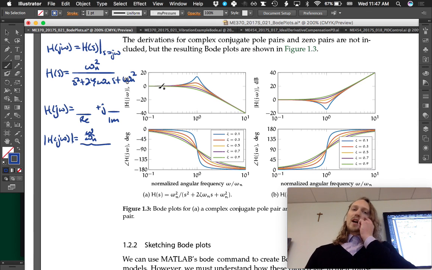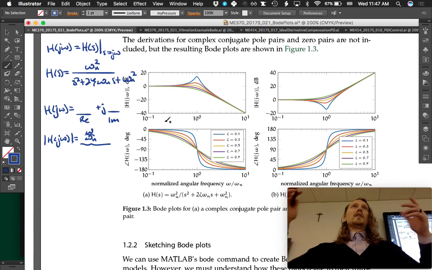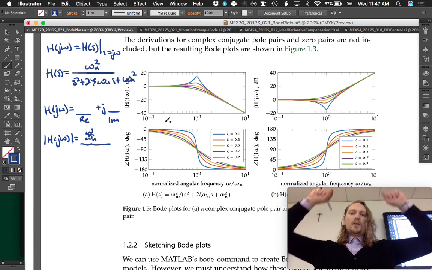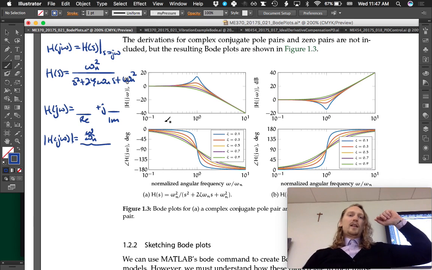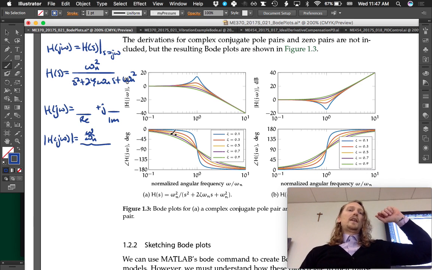And I will talk about the magnitude of the complex conjugate pole pair first. So if you've got a low frequency, notice that the output and the input have the same magnitudes, so it's at 0 dB. And at low frequency, also the phases are the same.